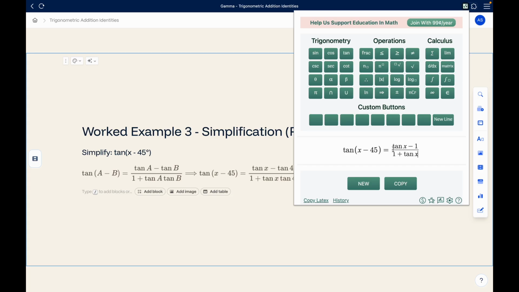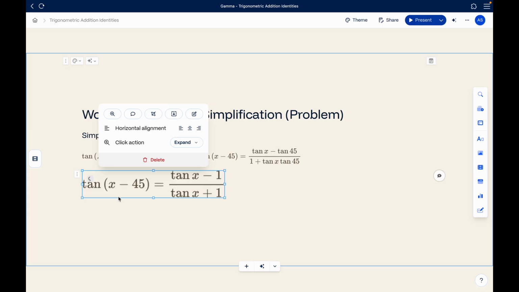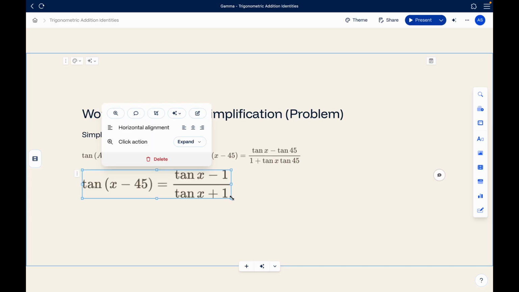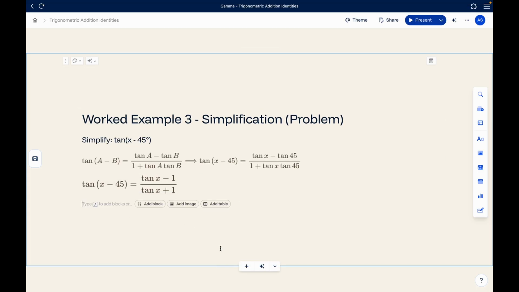So it just becomes tan x minus 1 over 1 plus tan x, or we can just say tan x plus 1. So everything is nicely aligned. And there is the solution to our final problem. Tan of x minus 45 is equal to tan x minus 1 over tan x plus 1.